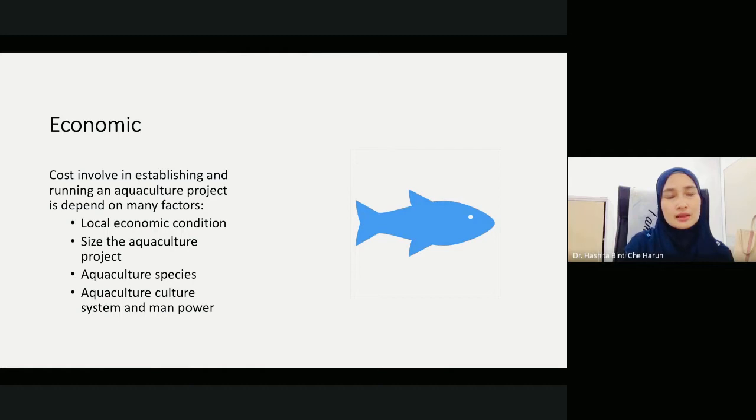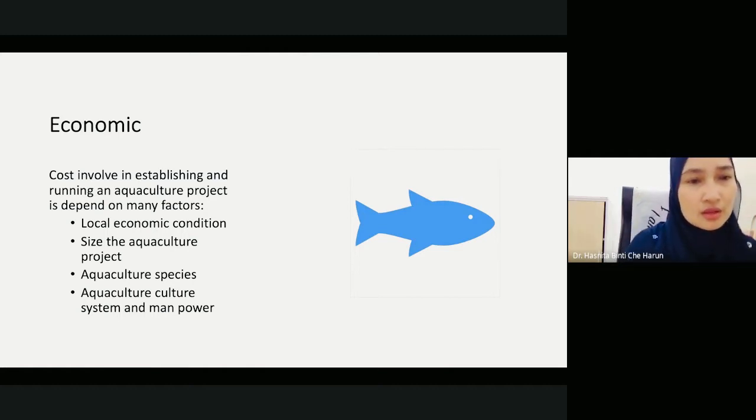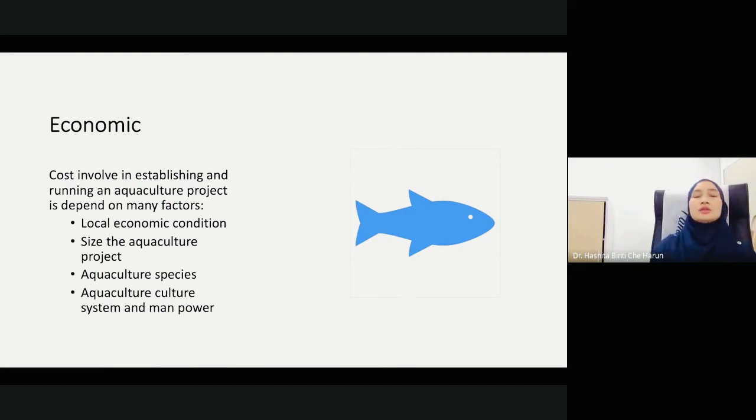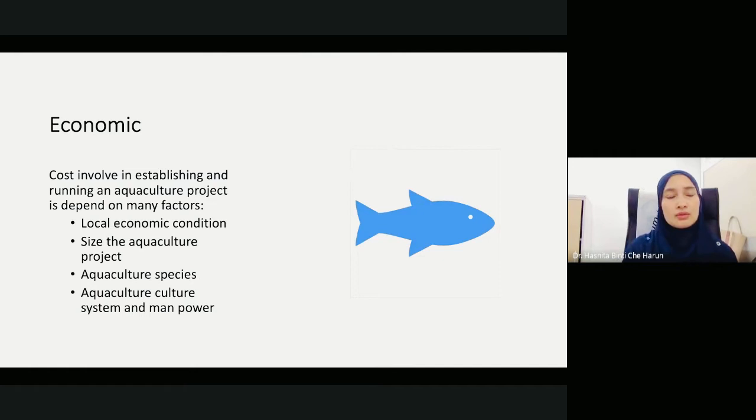Costs that are involved in establishing and running an aquaculture project depend on many factors. For instance, the local economic condition, the size of the aquaculture project, whether it is extensive, semi-extensive, or intensive type of aquaculture system used, as well as the aquaculture species.